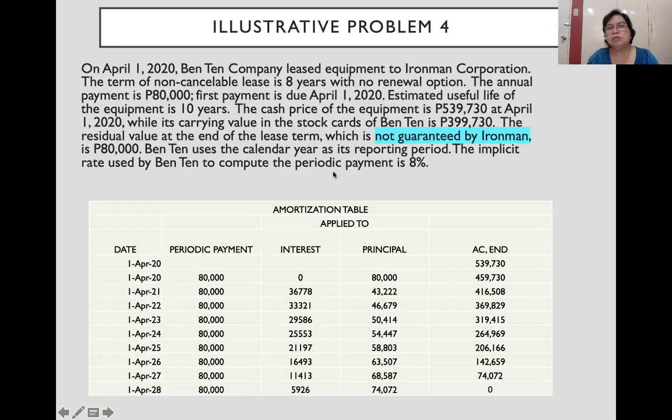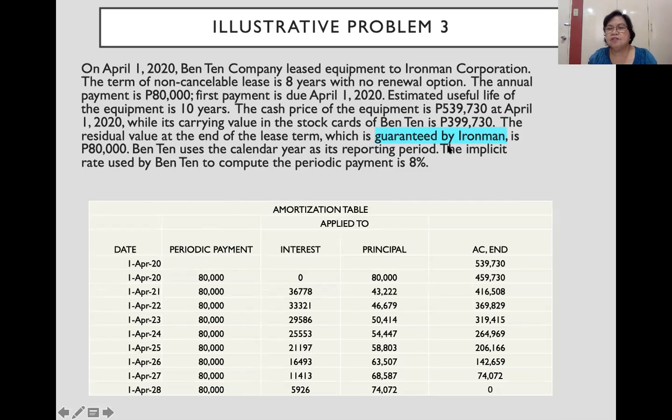Okay, so in illustrative problem 4, there is a highlight here that the residual value is not guaranteed by Ironman. In the previous example, the residual value is guaranteed by Ironman.